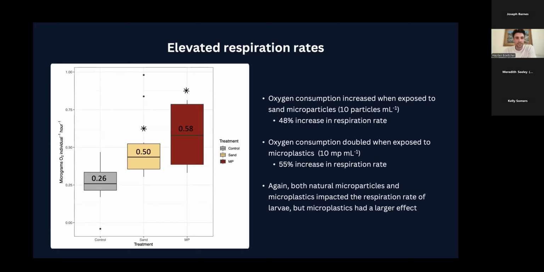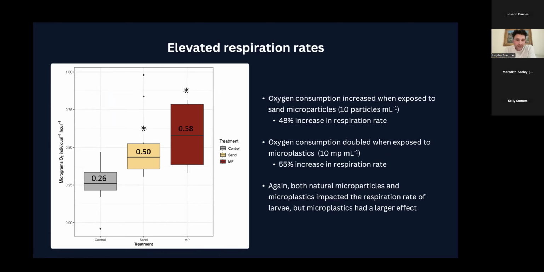And this pattern continued for respiration rates as well, but in elevating respiration rates. And so here we have our baseline or control respiration rate of 0.26 micrograms of oxygen per hour. This is kind of like our baseline. It's pretty reasonable. But when they're exposed to natural microparticles, that increases by about 48%.